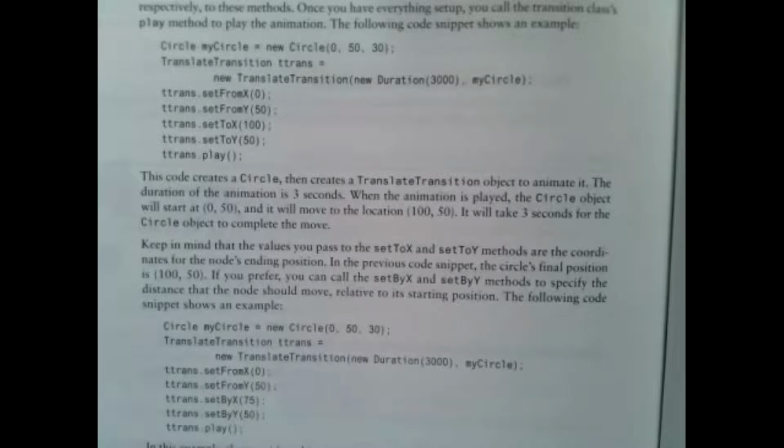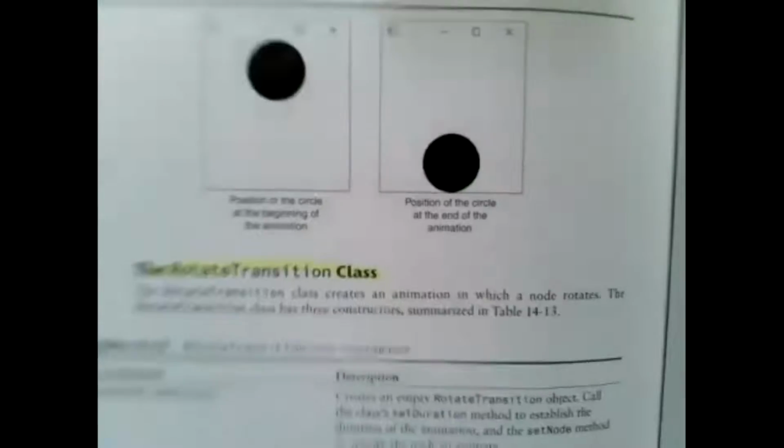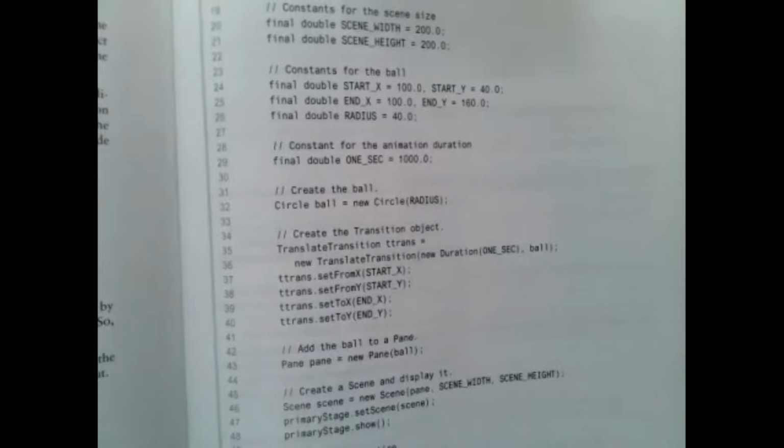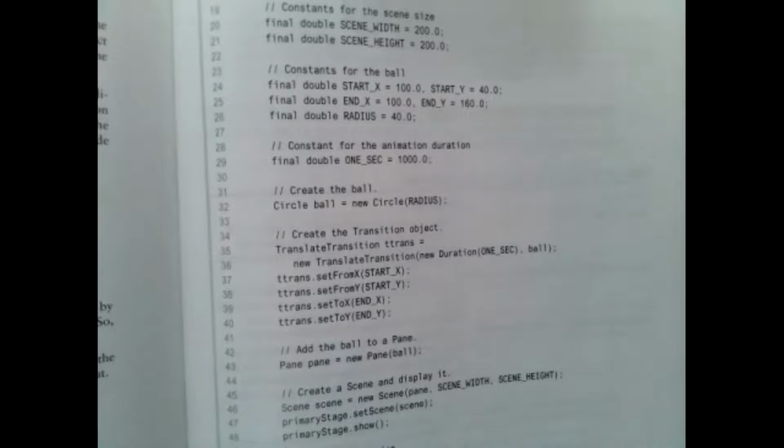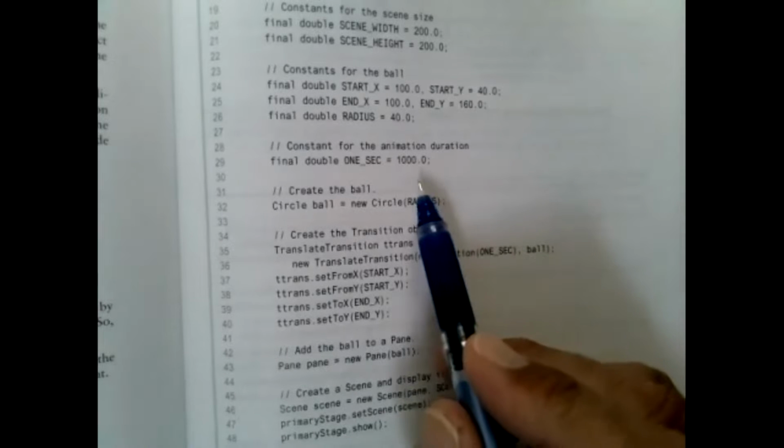Well, there's got to be something in there that I would change to make the ball drop faster. Change the duration. Okay. What line are you at? Line 36. Right now, the duration says 1 sec. Now I need to go up and change 1 sec. 1 sec is 1,000.